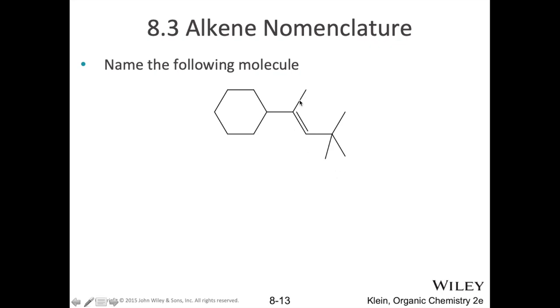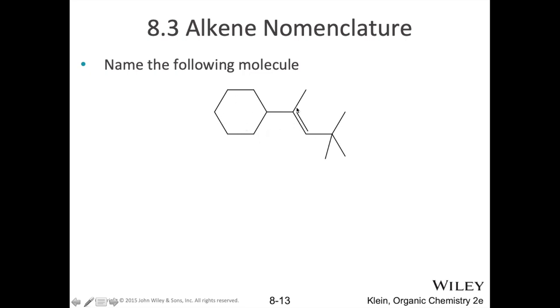Okay, so if you look at this molecule now, if this were an alkane, you would have to look at the size of this ring and the length of this longest carbon chain and decide which one would be your root word. This 6-membered ring, the cyclohexane, would have been bigger than 1, 2, 3, 4 carbons, so that would have been a butane. So this would have been considered a butyl substituent on your cyclohexane.